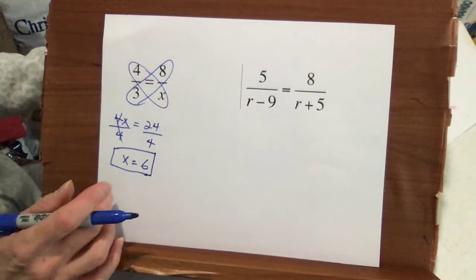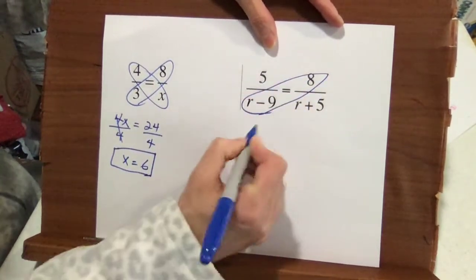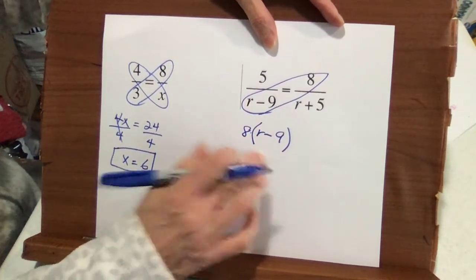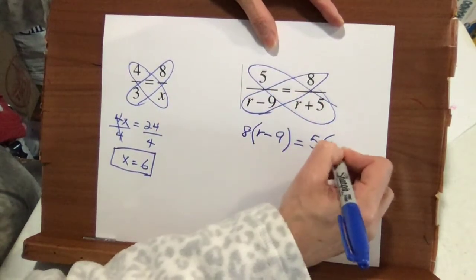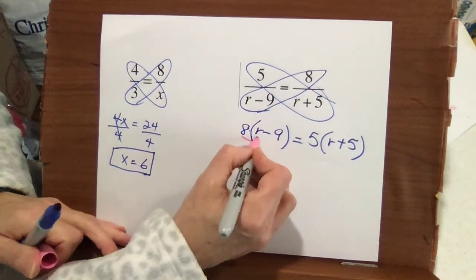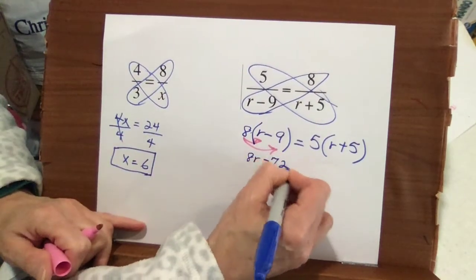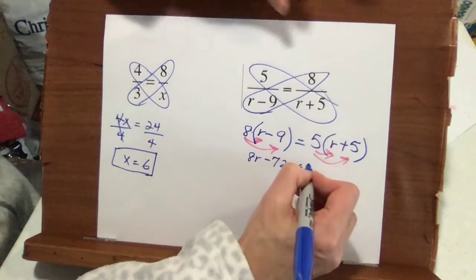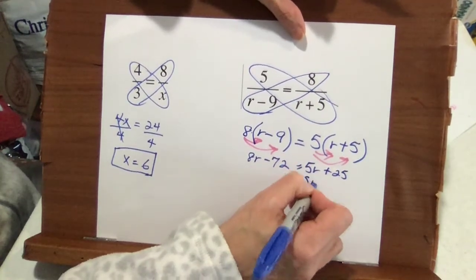Now this one looks even more complicated, but it's really nothing to be afraid of. It's r minus 9 times 8, so we always put the monomial, the single term, first, and then the grouping, the quantity. And then we have 5 times r plus 5. We do a little distributing here. We get 8r minus 72. We do a little distributing here. We get equals 5r plus 25. We subtract 5r.